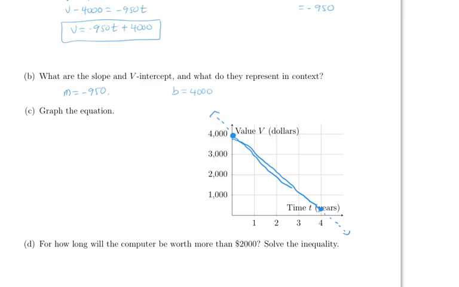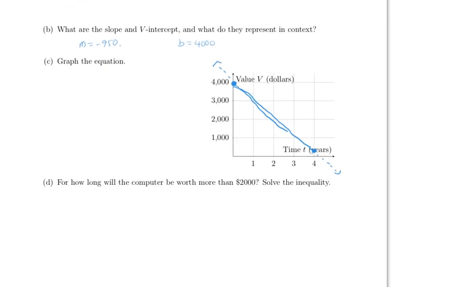Okay? All right. Now, the next question is, for how long will the computer be worth more than $2,000? So remember, this represents the price. This was the price at any time t, as long as you don't go over this.